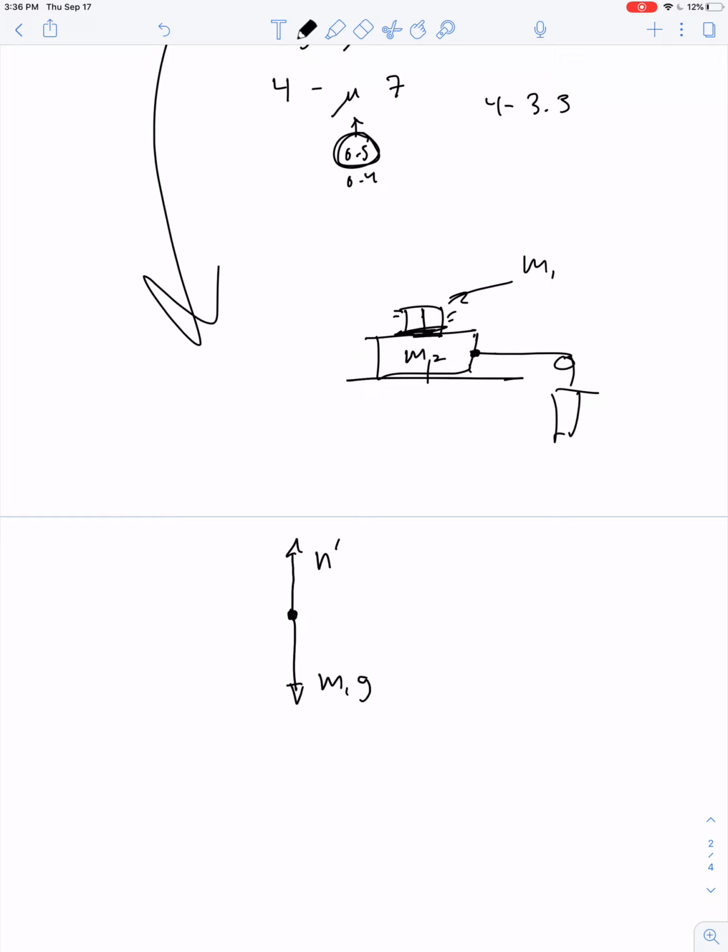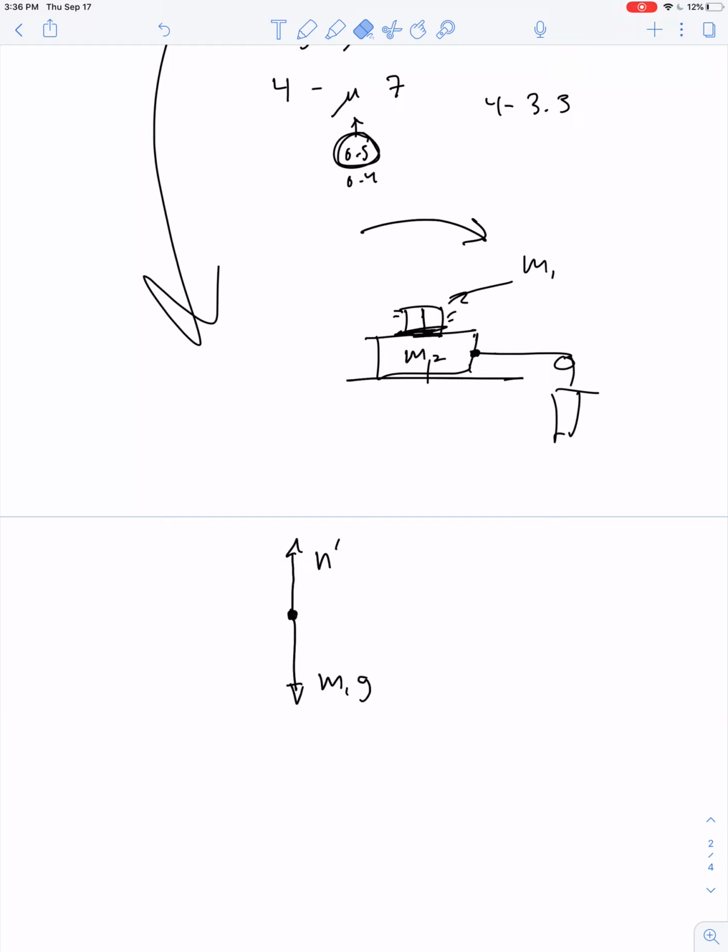What about friction? Yes, there's friction. Now, the whole system is going to accelerate this way, so I can understand how some people might think the friction pulls back this way. The idea of friction is that it's a force that opposes motion. But what we should really say is opposes relative motion.